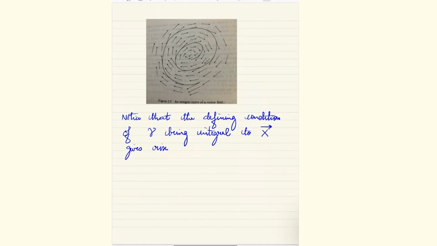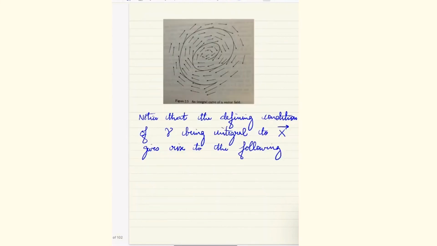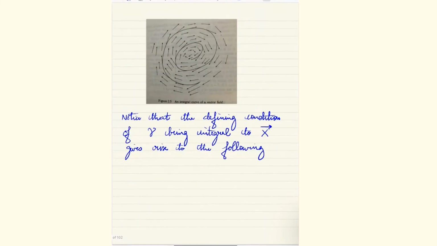I just write it component-wise and equate, because we know what the velocity vector is and what the vector field is in terms of component functions. On the left-hand side are component functions, on the right-hand side component functions, and we simply equate them coordinate-wise. So, a system of ODEs.